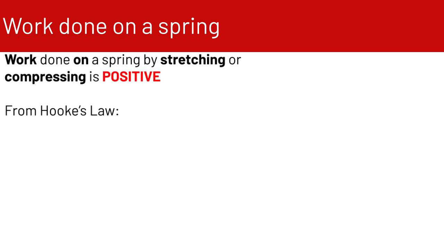Let's talk about work done on a spring. Work done on a spring by stretching or compressing is positive. From Hooke's law, we have the equation F is equal to k times x.